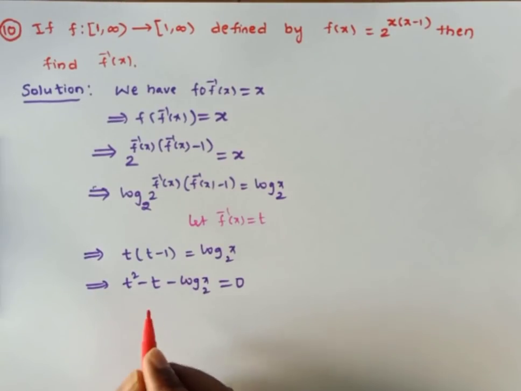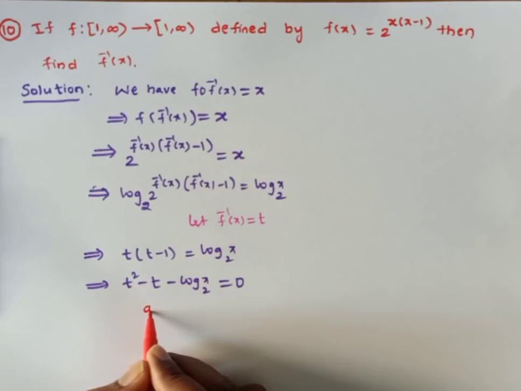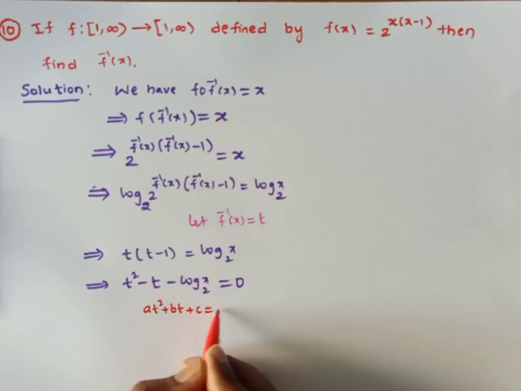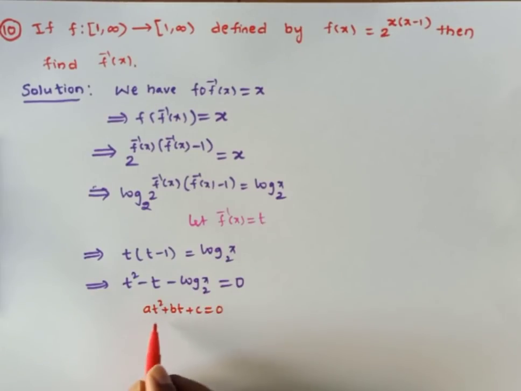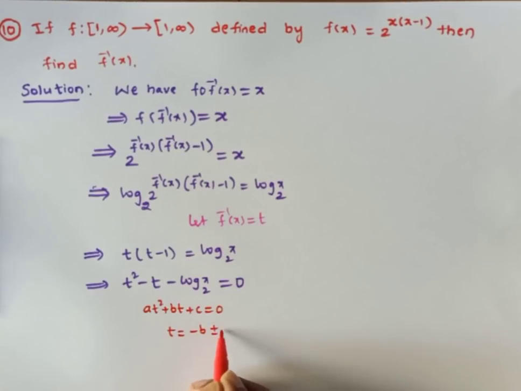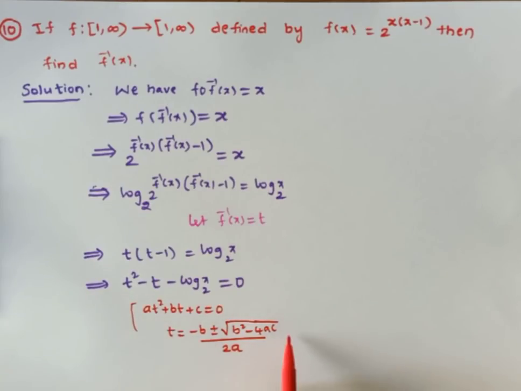See, this is in the form of a t square plus bt plus c is equal to 0, and you know how to find the roots of this. So t is equal to minus b plus or minus root of b square minus 4ac by 2a, right? Now by using this formula, you can find the roots.